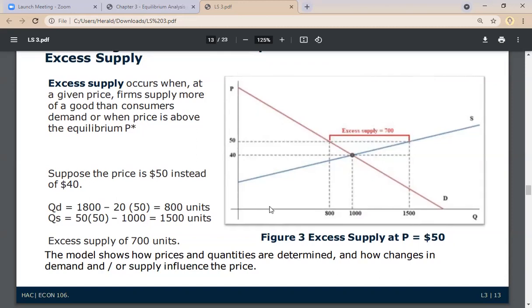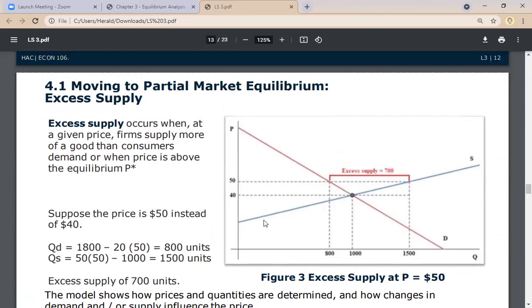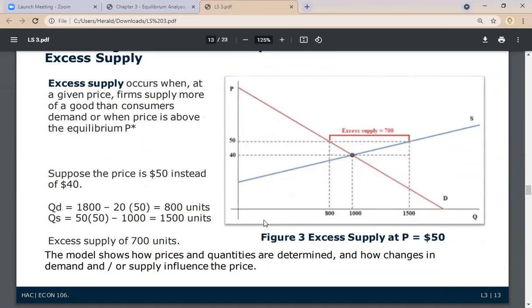Again, we are still allowing the market here to move back to the equilibrium state. So there's still no government restrictions here. There's still no unintended consequences. Okay, so let's discuss first what is usually the case when there's excess supply. When we have an excess supply, that tells us that there are more goods in terms of quantity.